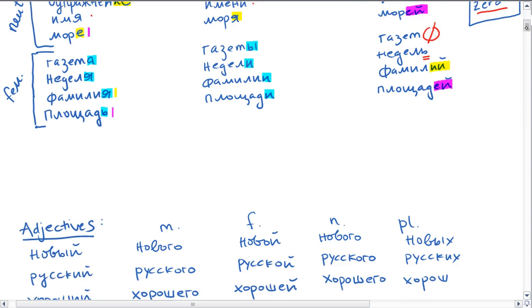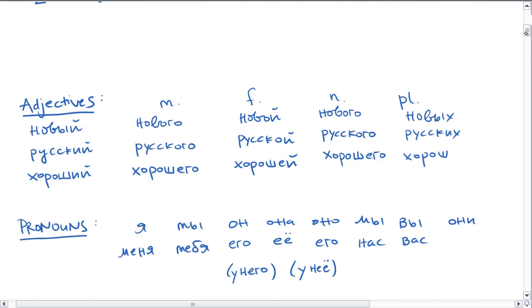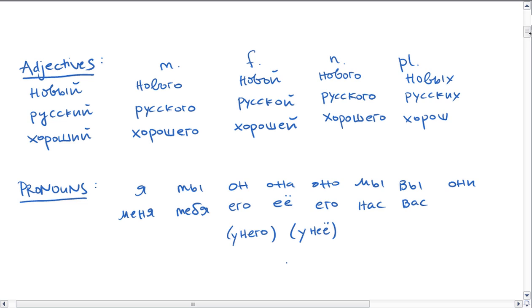So now let's look at how our adjectives decline. It's pretty straightforward. We're familiar with these endings. The pronouns, on the other hand, are a little bit different. Basically, when you're talking about yego, this means his. So like yego sestra, so his sister. Or yeyo is her sister, yeyo sestra.